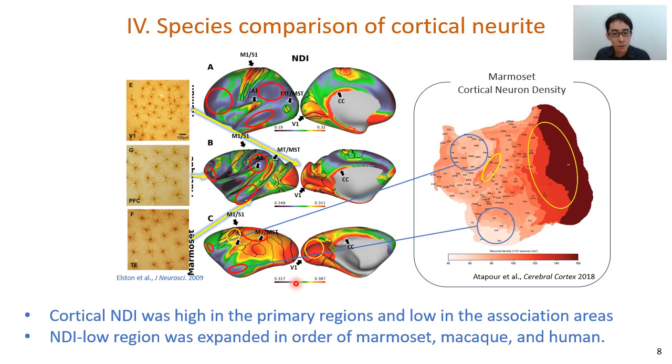Interestingly, these low-NDI association areas disproportionately expanded in the human brain, which may be related to the evolution of high-order cognition. Our data give us an additional insight that sparseness of neurons and neurites may facilitate dendritic arborization, synaptic reorganization, and neural plasticity.